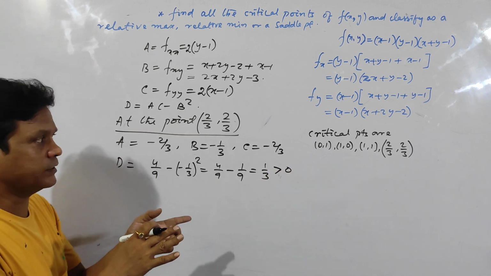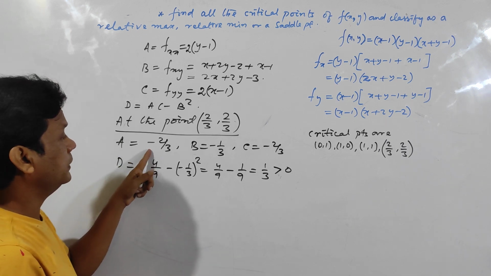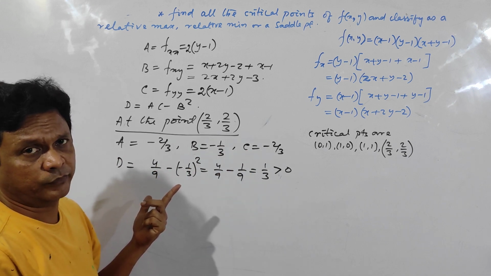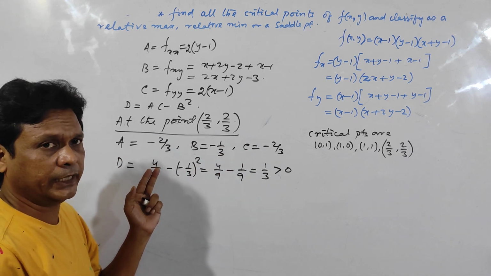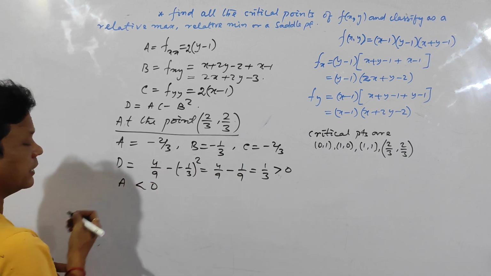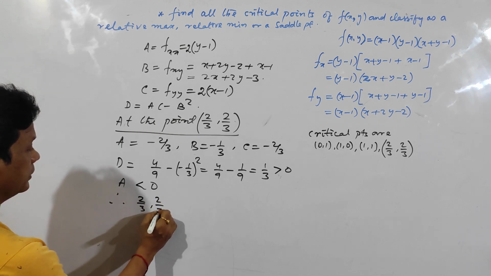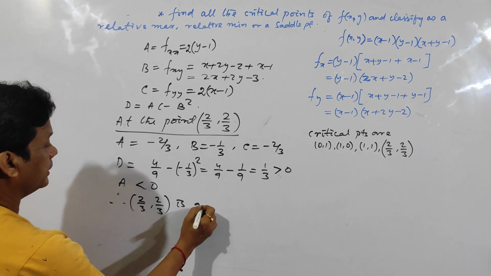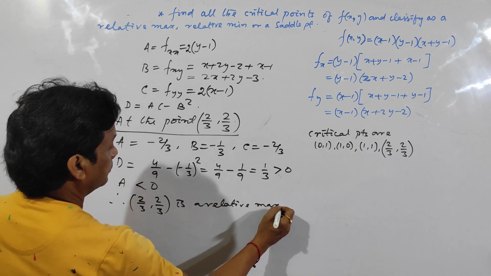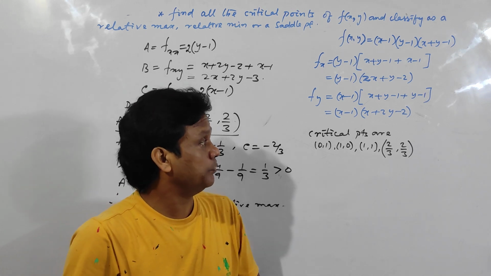It may be a point of maximum, it might be a point of minimum. But see here, A and C both are negative. I have told you, either you can take A or you can take C. Here D is positive and A is negative. A is negative means maxima. Therefore, (2/3, 2/3) is a relative maximum.